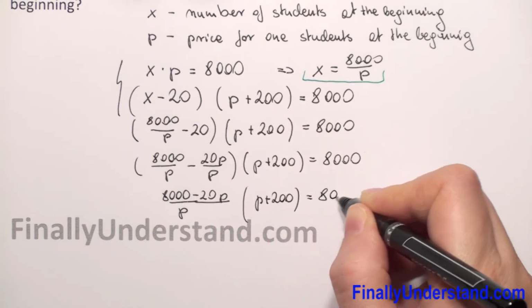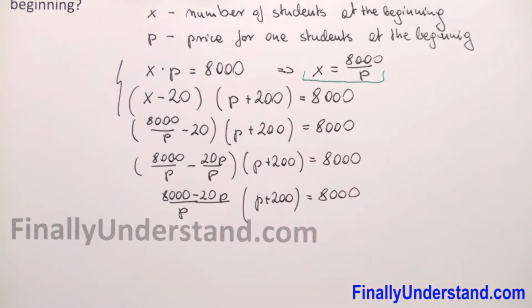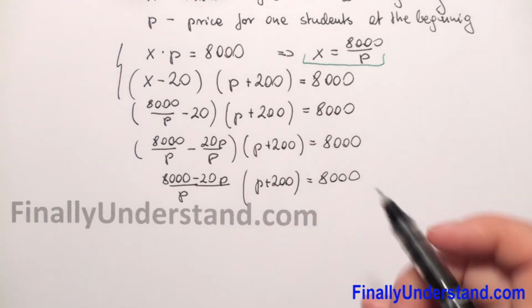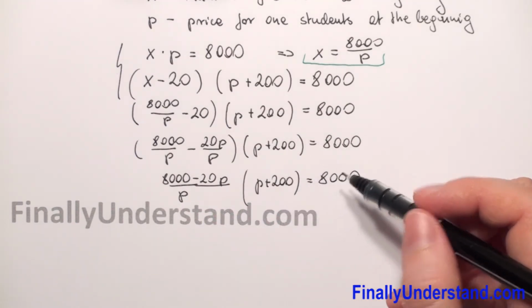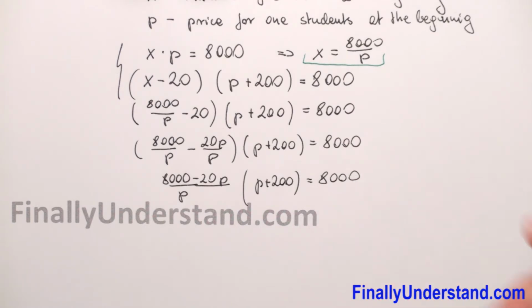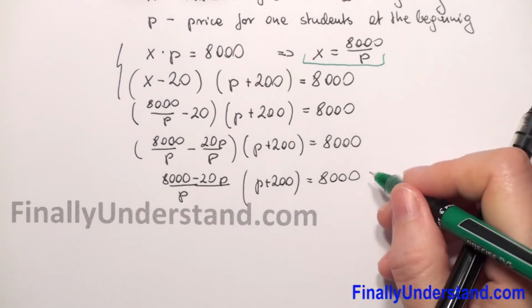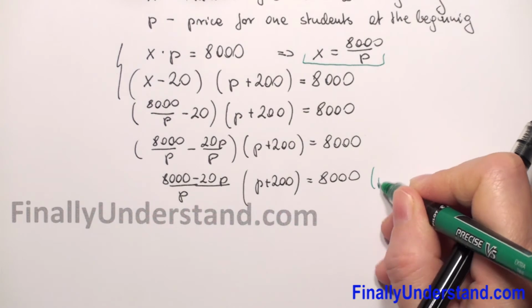This is equal to 8,000. And now I will multiply both sides by P to get rid of this fraction.